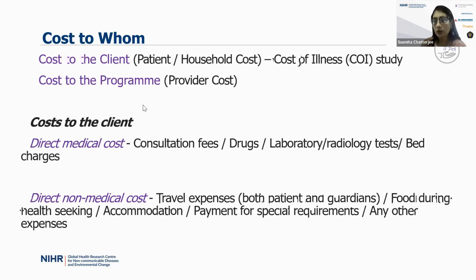There is a cost associated with the treatment for that illness. That's why it is called the cost of illness study. Those cost of illness studies are from a patient perspective. It is a patient cost, a household cost, not related to the government.